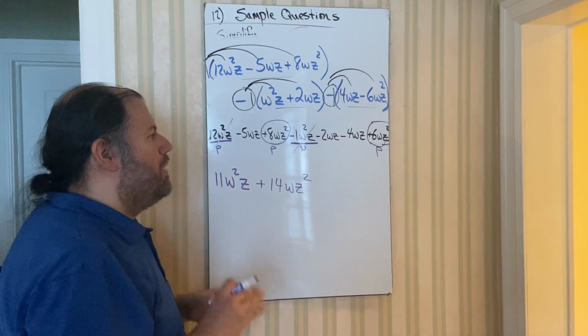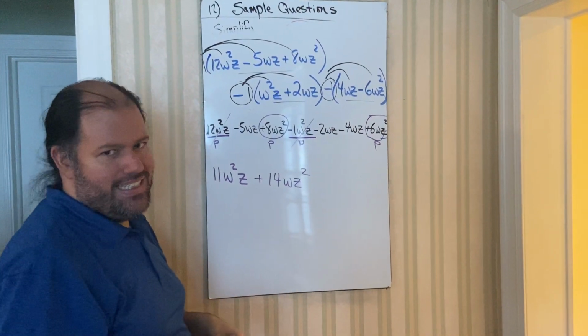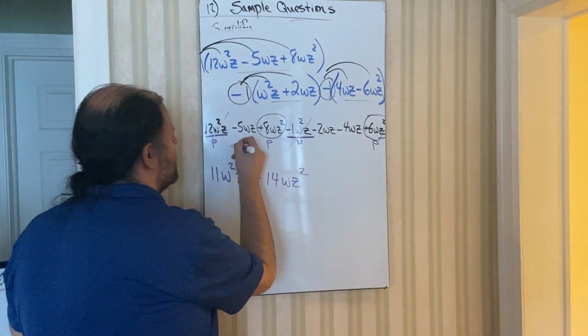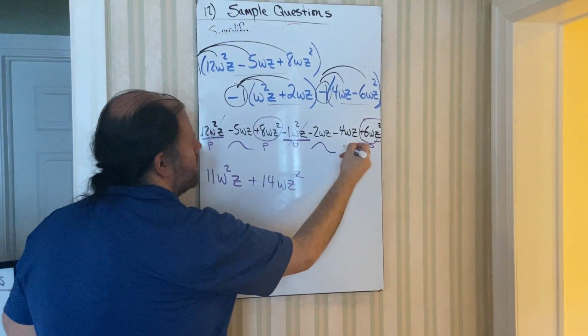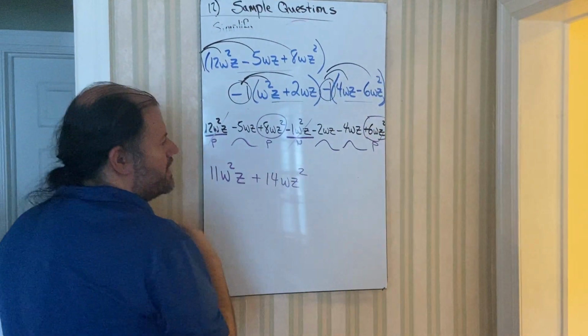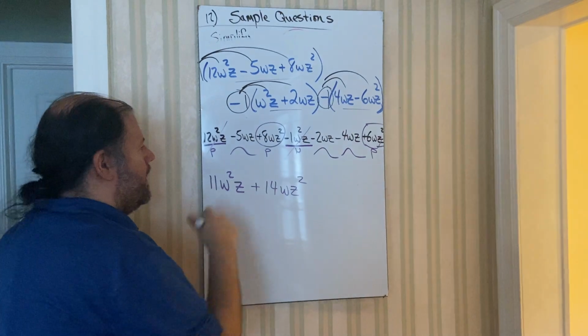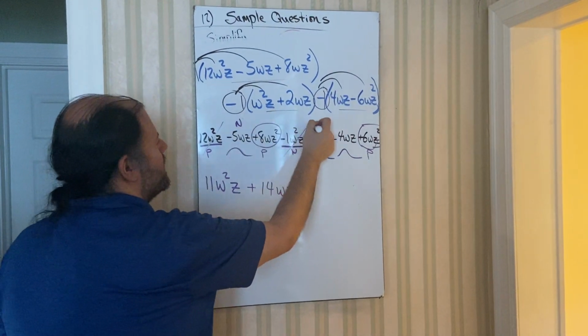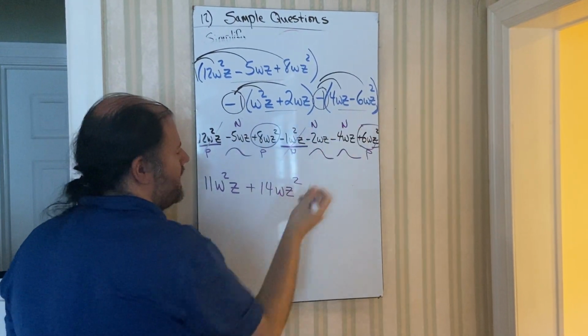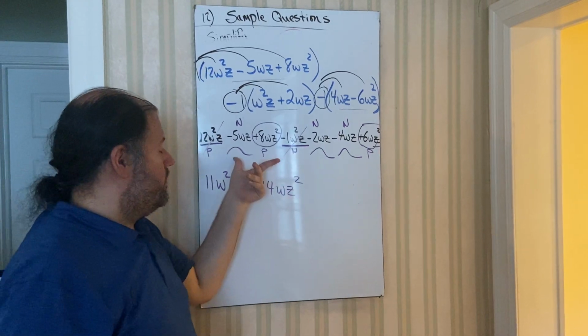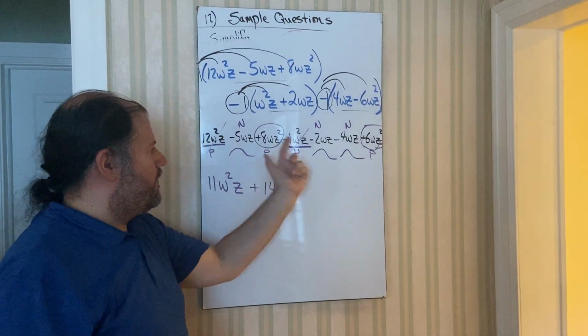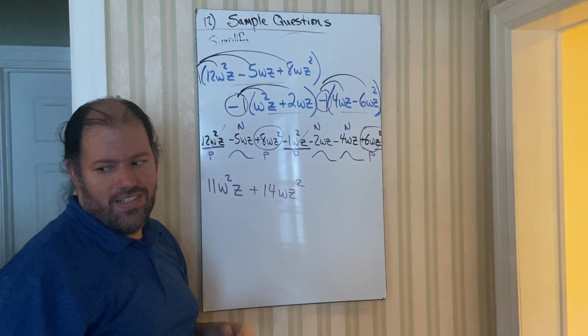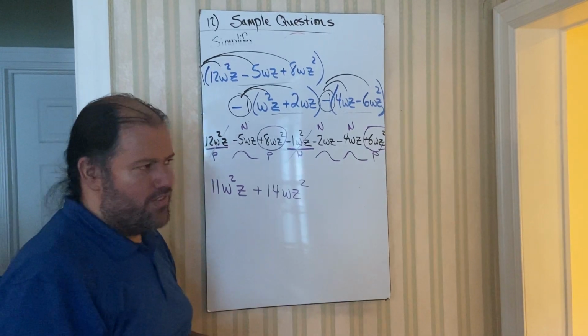Now we can do the plain w's with the plain z's. wz, wz, wz. So we can combine them. This is a negative, this is a negative, this is a negative. So I do two at a time, -5 and -2. Both the same negatives, so we add.